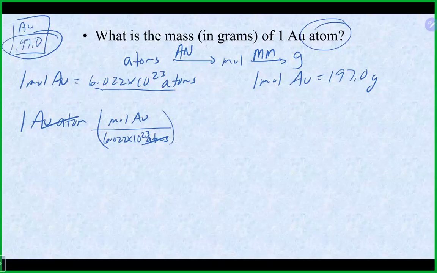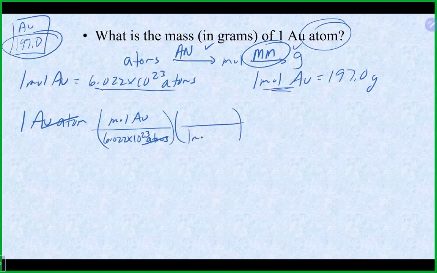I don't want moles. I do want grams. So we're going to use our molar mass conversion to take us the rest of the way. And here, moles are up on top. So when I go to my molar mass, I do want moles on the bottom in the opposite location, and my grams up on top. Again, it is dimensional analysis, so multiply the top, divide the bottom.